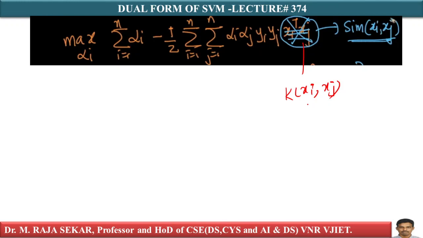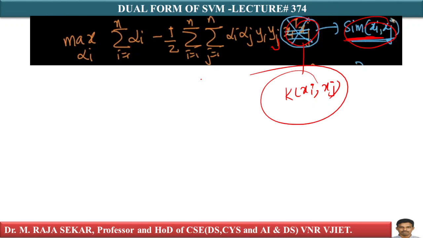It can be written as maximization over alpha, sigma i equal to 1 to n alpha i minus 1 by 2 into sigma i equal to 1 to n, sigma j equal to 1 to n, alpha i alpha j yi yj. In the place of xi transpose xj, we were writing similarity between xi and xj, which can be replaced by k of xi comma xj.